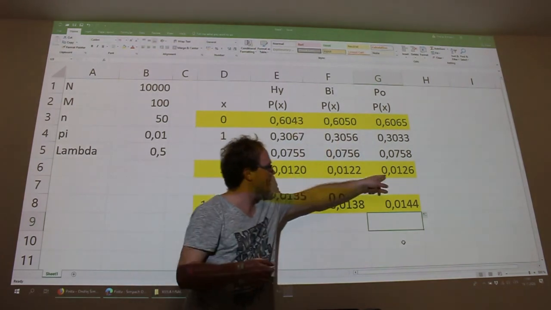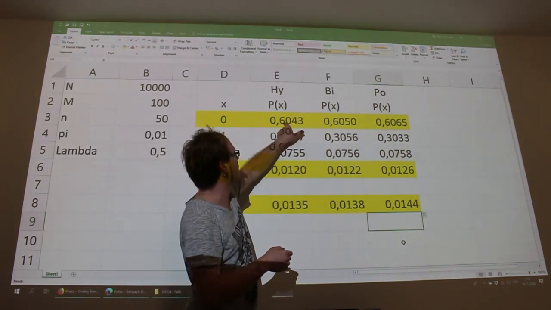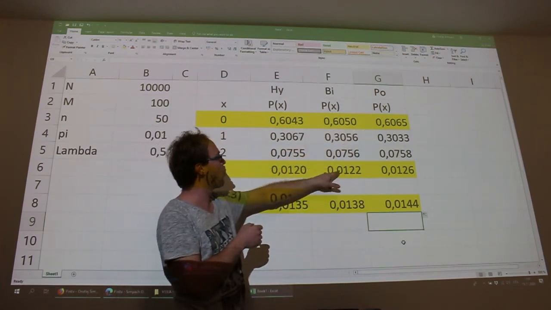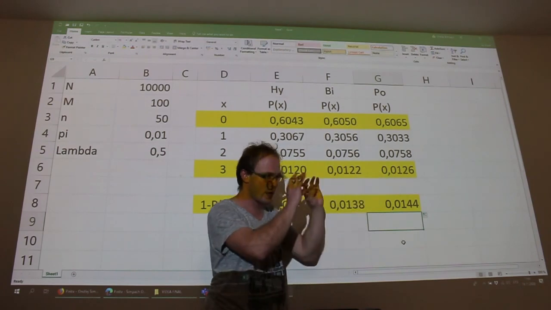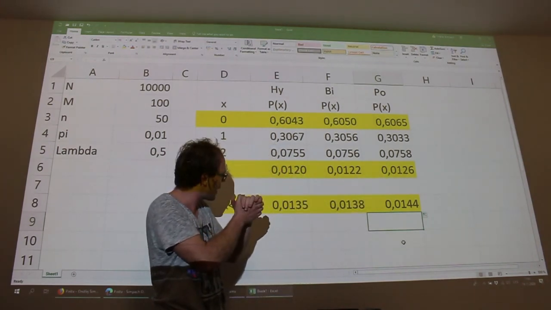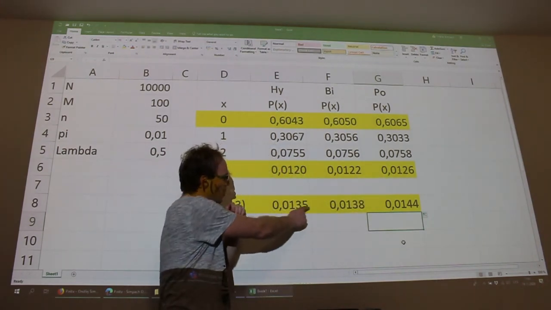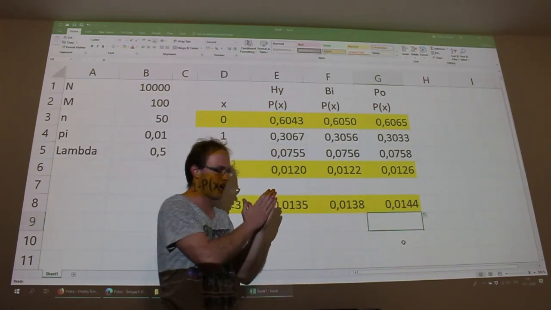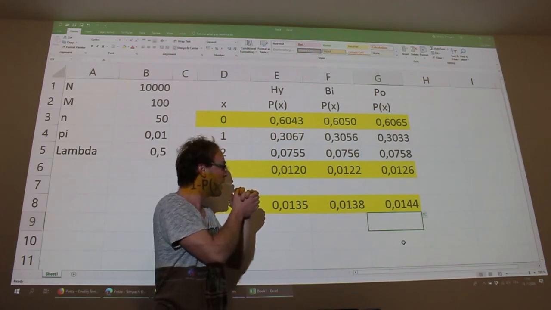You can see there is 60 point something percent, there is 1.2 and something small. Very small differences: 1.75, 1.78, 1.44%, again small differences.